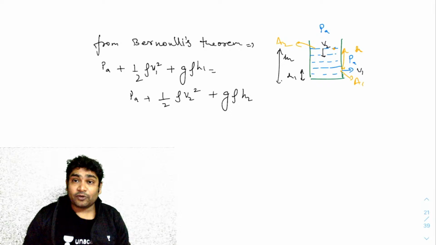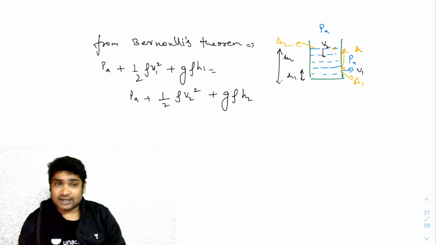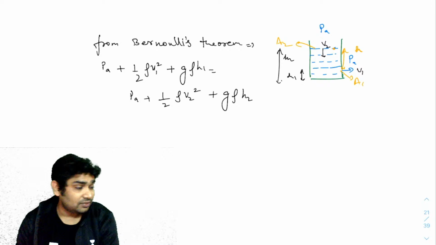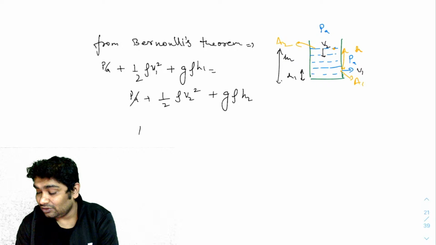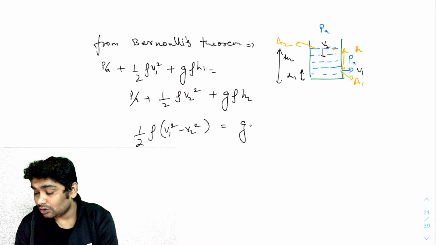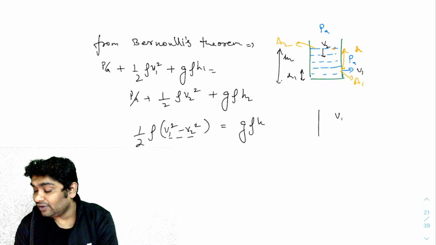So from here you will realize H2 minus H1 is h. If I rearrange the terms a bit, what I get is half rho times V1 square minus V2 square equals rho g h. Now, for this I can also use the expression V1 A1 equals V2 A2. So V2 can be written as V1 A1 over A2.